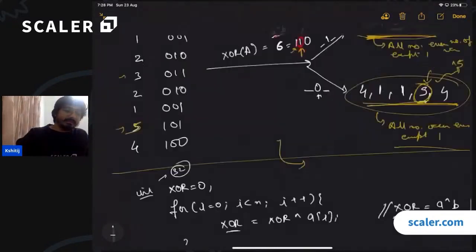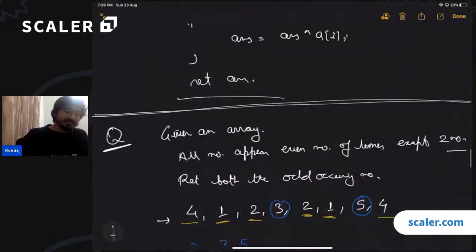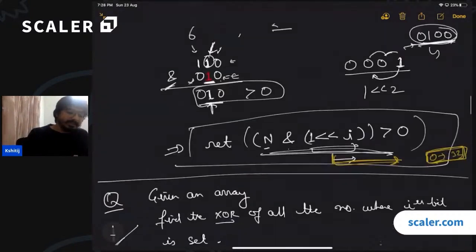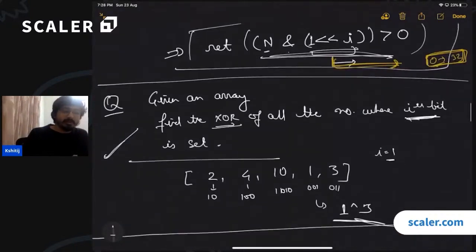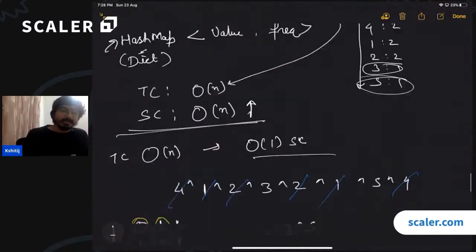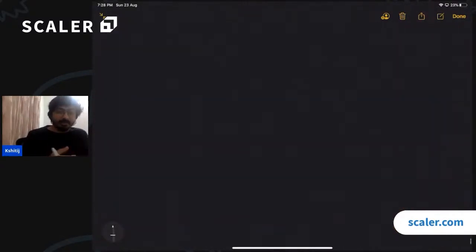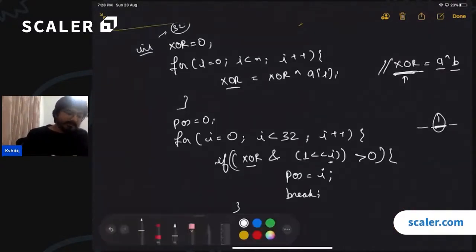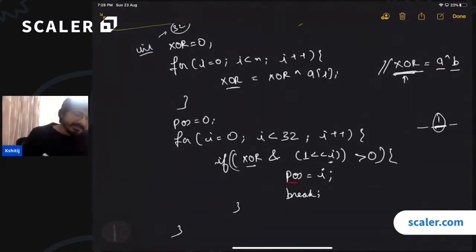So now do you guys remember the problem that we had just discussed before this problem? Given an array, find the XOR of all the numbers where the ith bit is set. This is the exact same problem that we have to solve inside this problem. You have to find the XOR of all these numbers where the bit at this position is set.